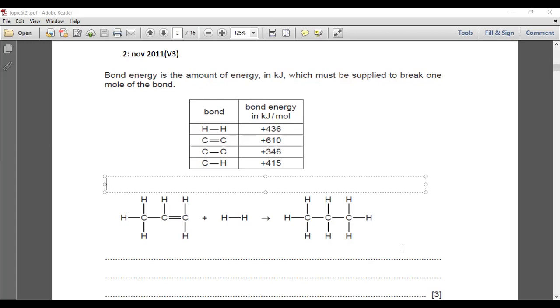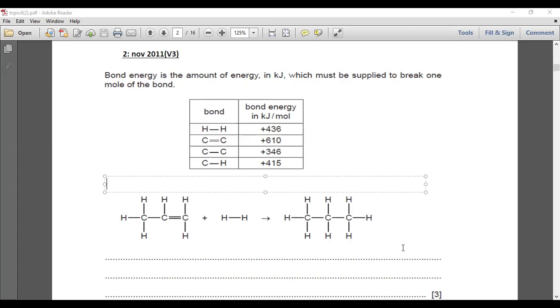H bond H 436 plus 436. Why did you write 436 two times? Ru'a, open your mic, please. Why did you write in energy in 436 plus 436 plus 436?